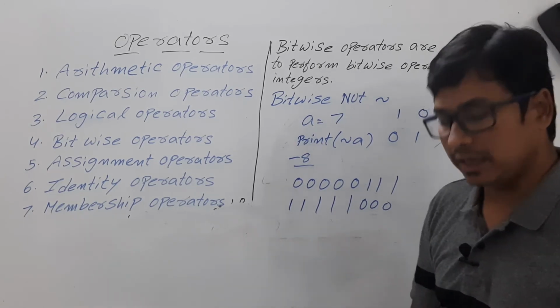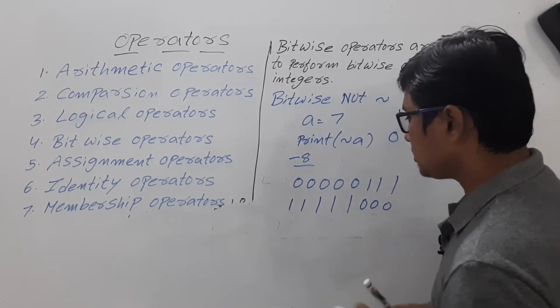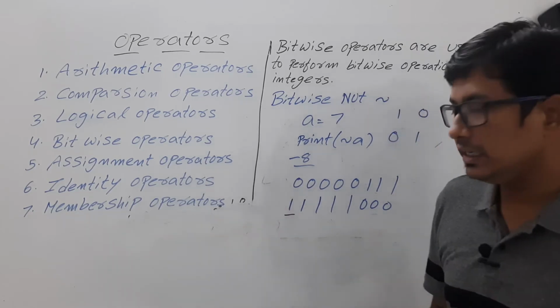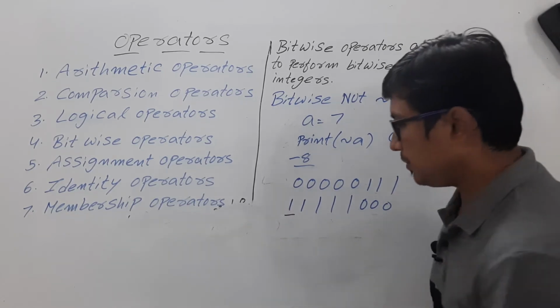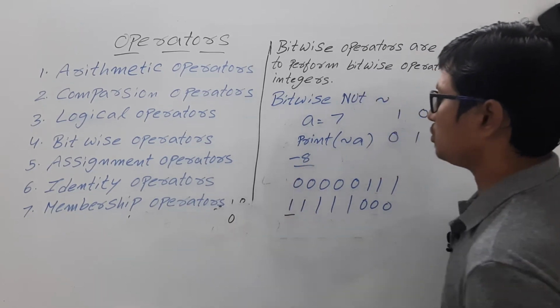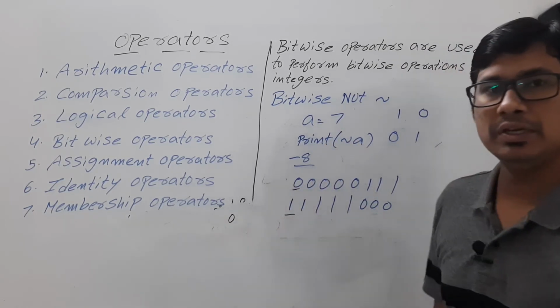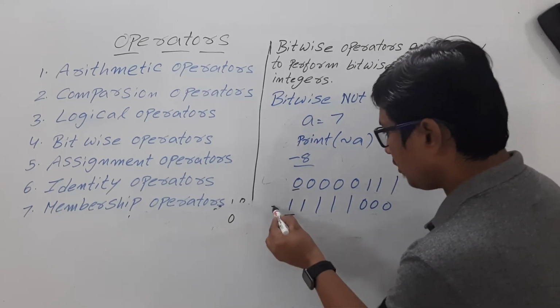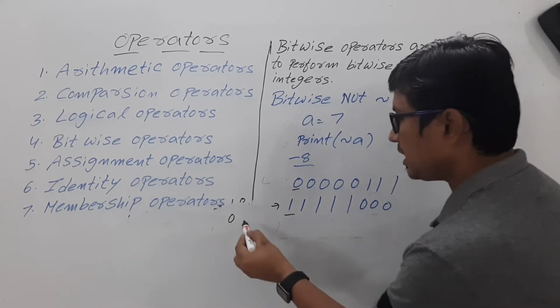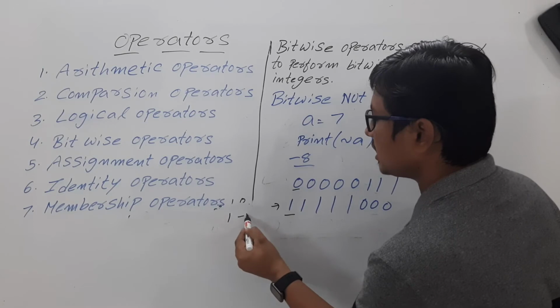Now if you look at the MSB, the MSB is 1. Already I have discussed that if the MSB is 0, then it is a positive number, because 7 is a positive number, that's why MSB is 0. Now if after converting you got the MSB as 1, it means it is a negative number.